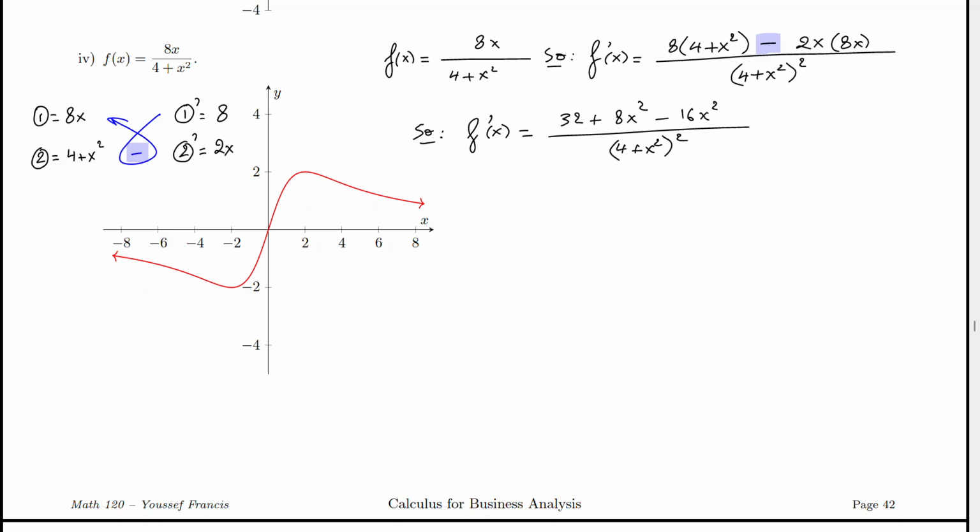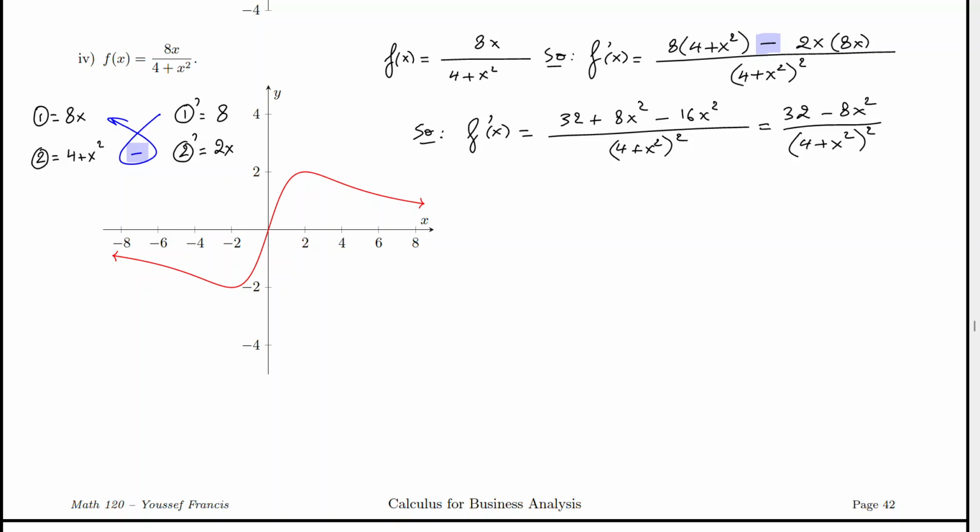My numerator seems to have two like terms, the 8x squared and the negative 16x squared, so I'm going to combine those, and I will end up with 32 minus 8x squared, all divided by 4 plus x squared, the whole quantity squared. So this seems like a good place to stop. This is my derivative, and it's as simple as I can make it for now.